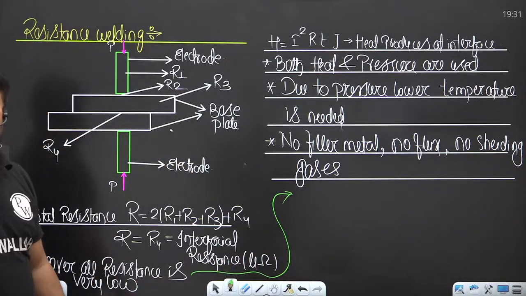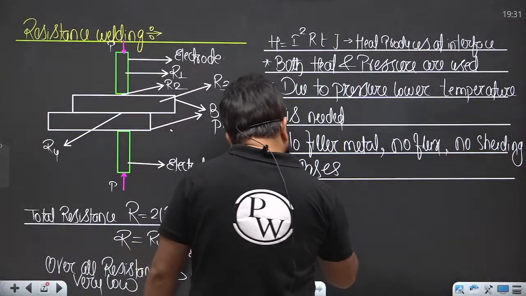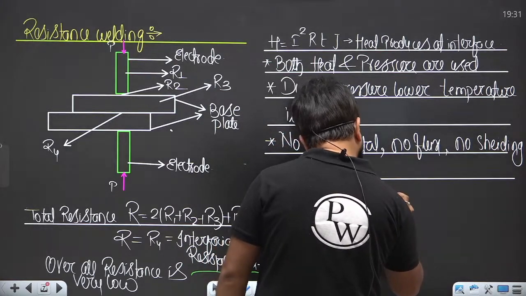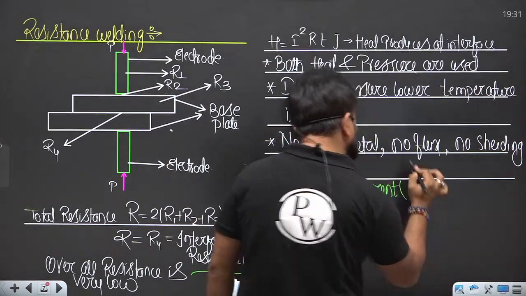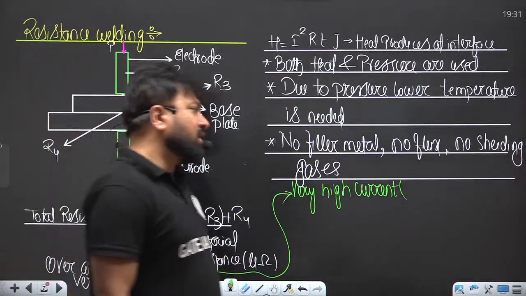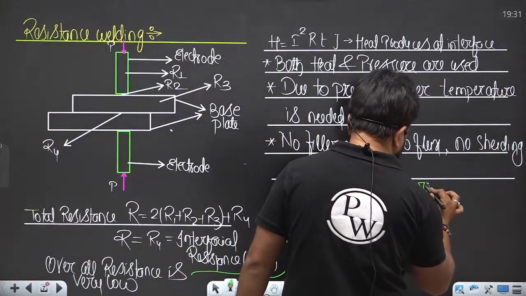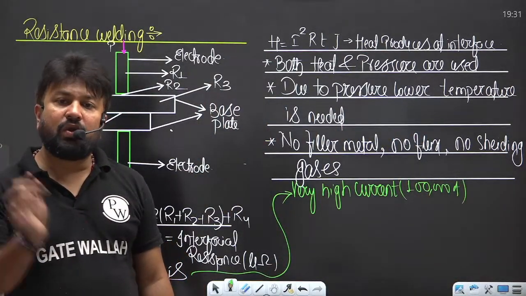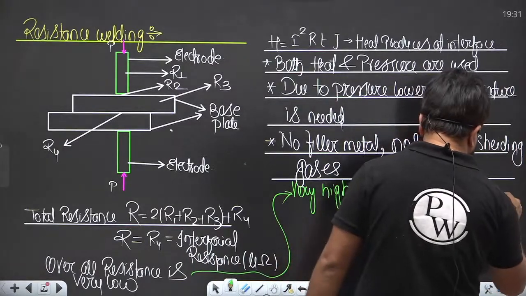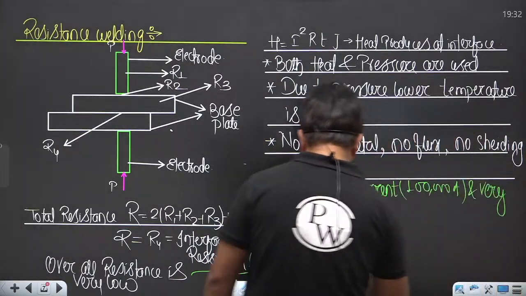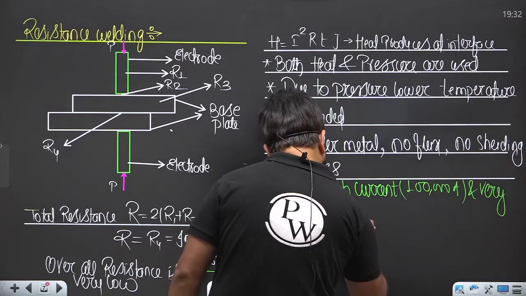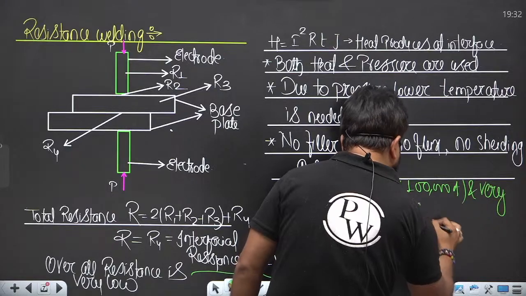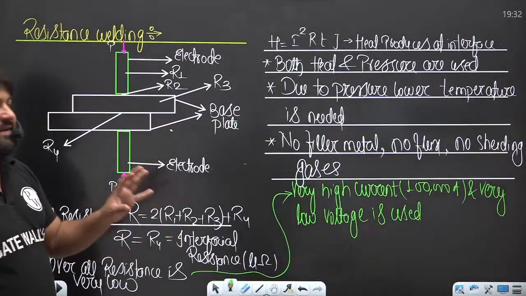Because of that, very high current is needed, up to 1 lakh ampere. Very high current and very low voltage, and this point is quite important.